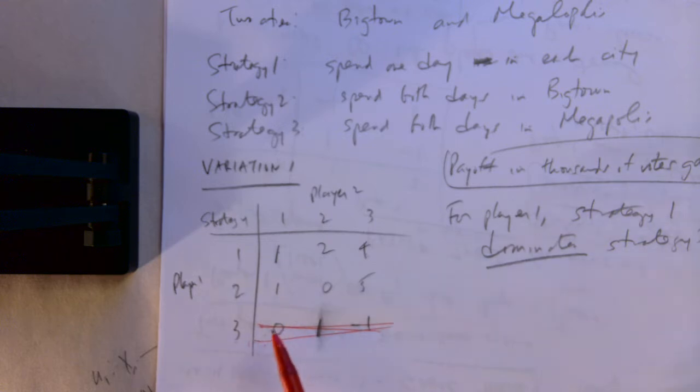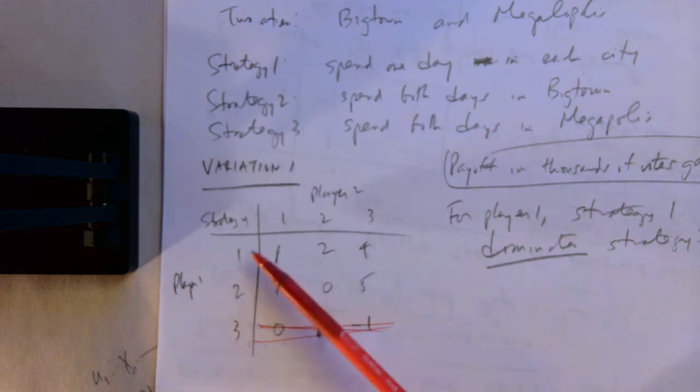And player 2, who's also rational, knows this. Player 2 can tell that player 1 will never take strategy 3. That's crossed off. So as far as player 2 is concerned, player 1 only chooses strategies 1 or 2.